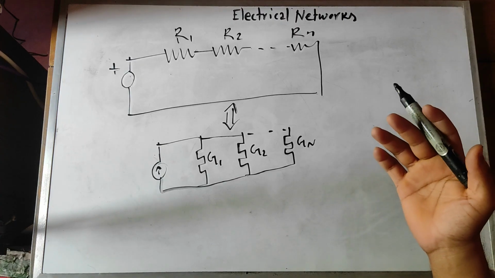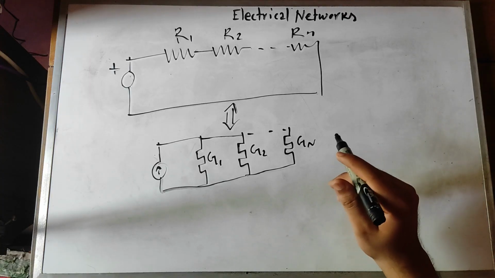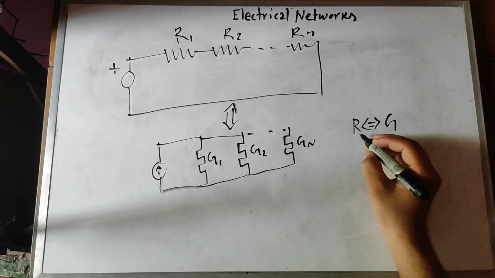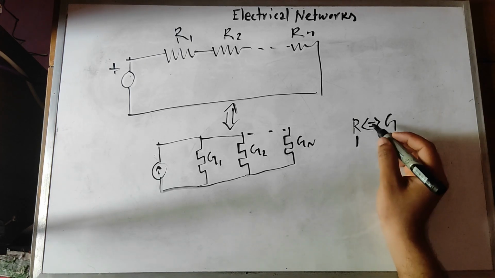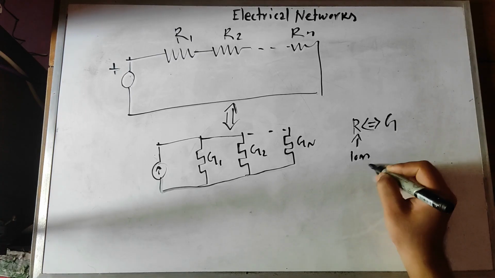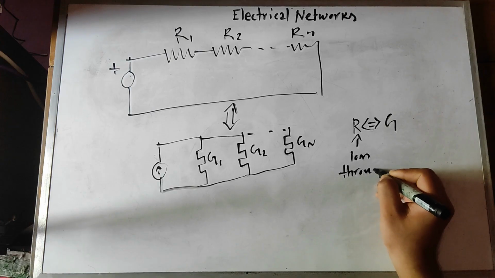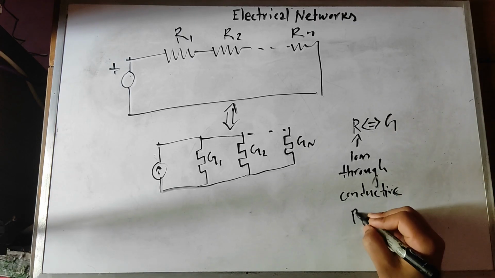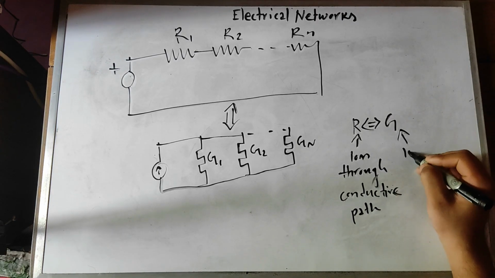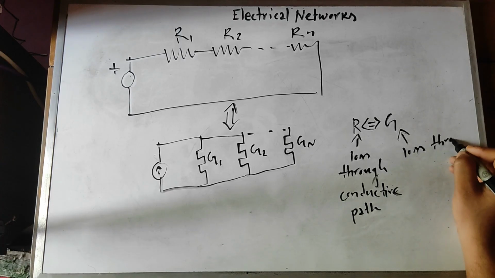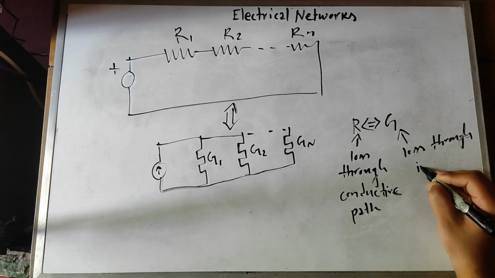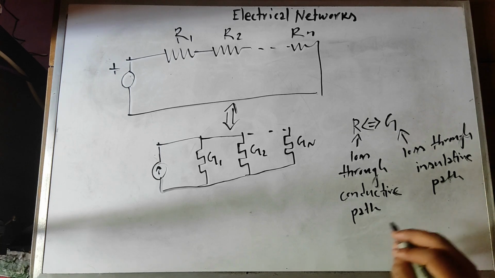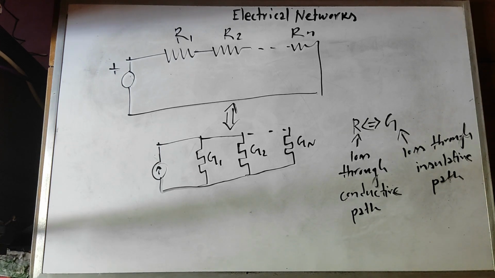Feature between R and G duality: R is the loss through the conductive path, and G is the loss through the insulated path. This is the main distinction between R and G.